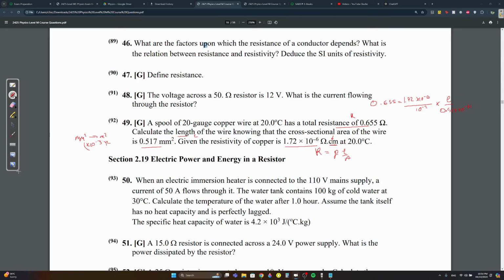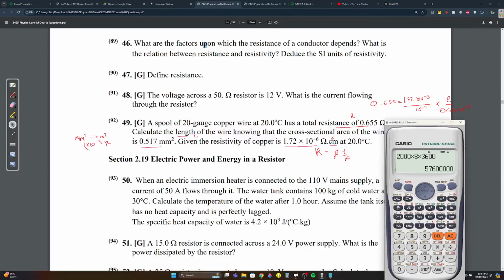Okay, let's do this on a calculator. 0.655 is equal to 1.72 times 10 to the minus 6 over 10 to the minus 2.